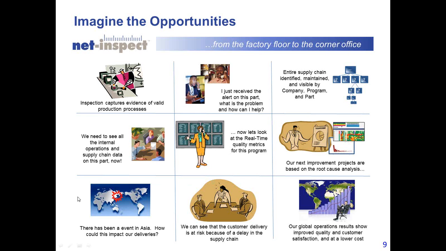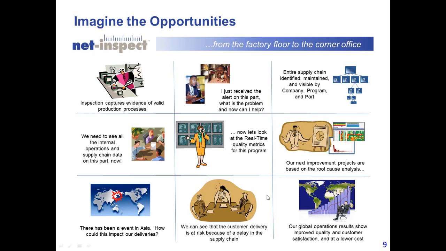Another item is, because we have the full supply chain available to you in NetInspect, we can start doing geographical analysis. So in the event that there's a geographical incident, like in Asia, Europe, or America, you're able to identify your entire chain in that area that might be impacted.